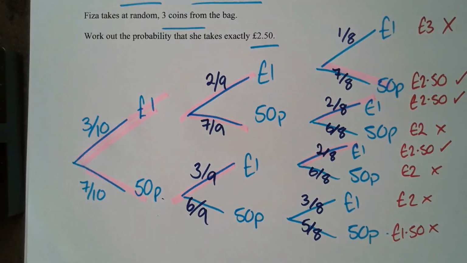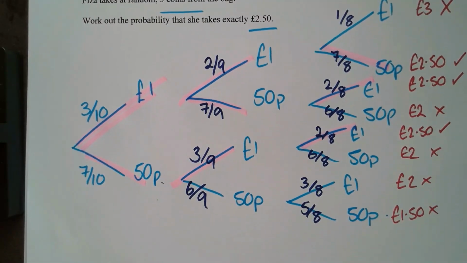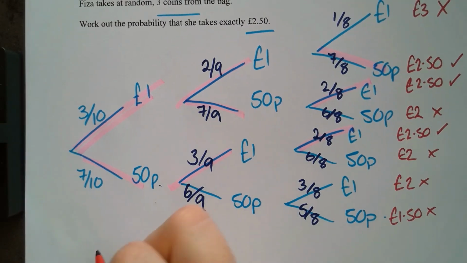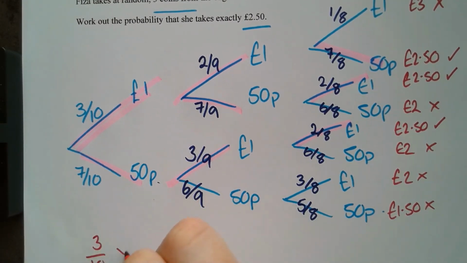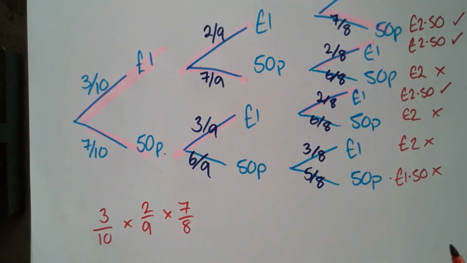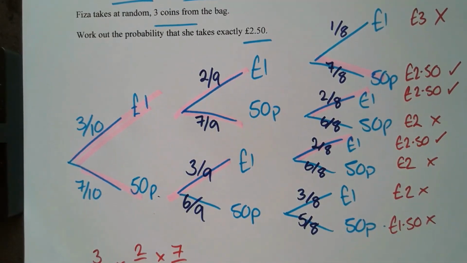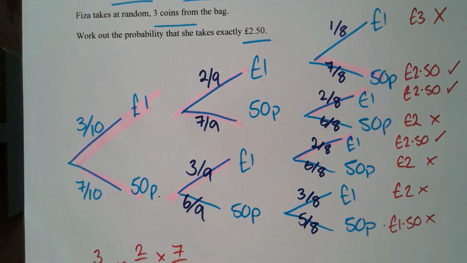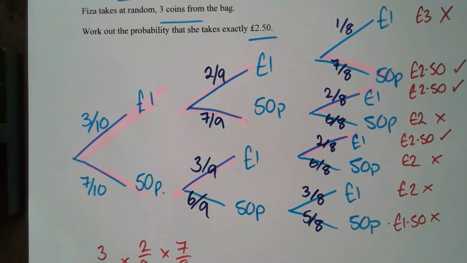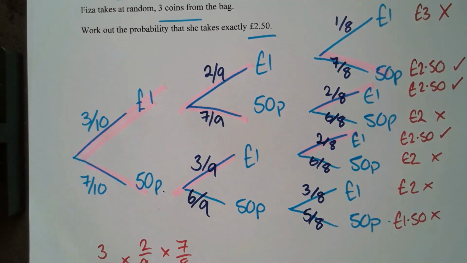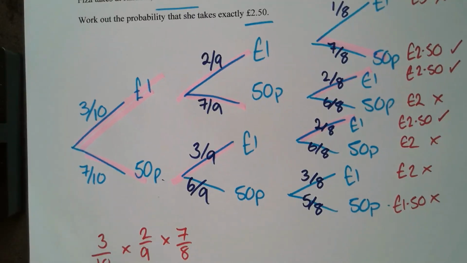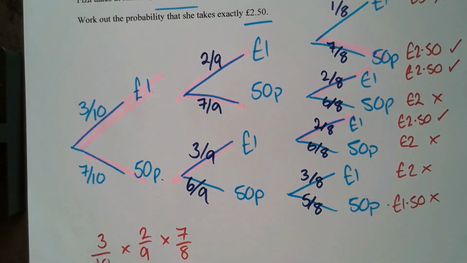So my calculations I need to do are the calculations for these pathways. So I do 3/10 multiplied by 2/9 multiplied by 7/8 for that first one. For the second one, 3/10 multiplied by 7/9 multiplied by 2/8. And the last one, 7/10 multiplied by 3/9 multiplied by 2/8.